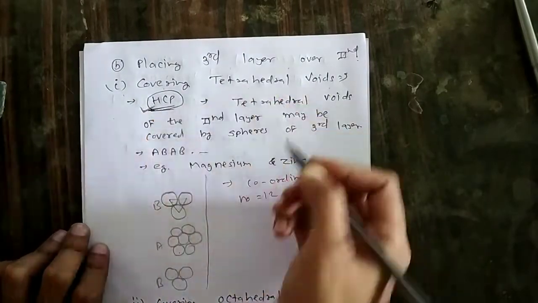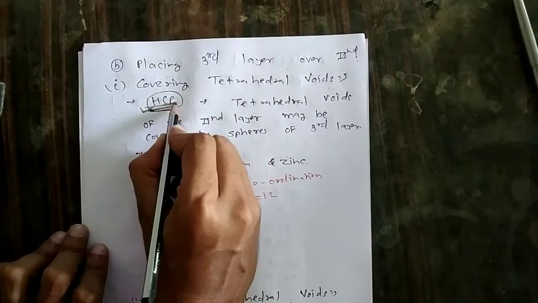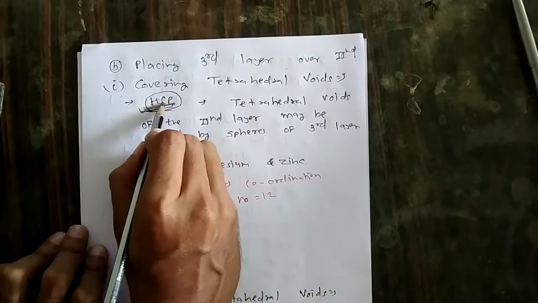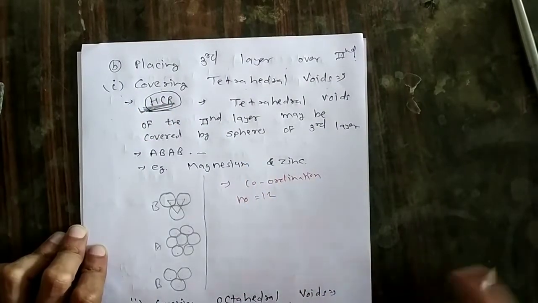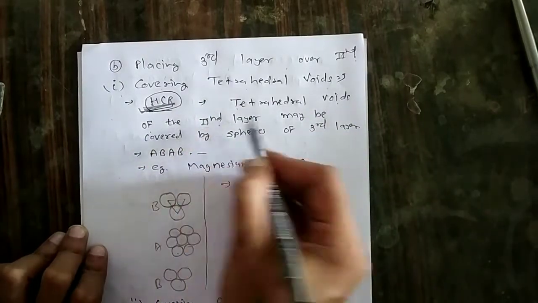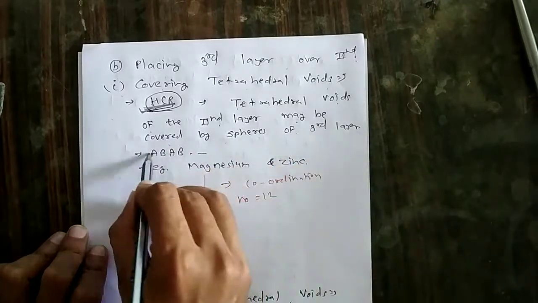Short form for that is hexagonal closed packing system. This one is very important, HCP. In that, tetrahedral voids of the second layer may be covered by spheres of the third layer.